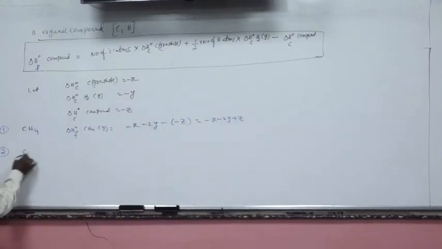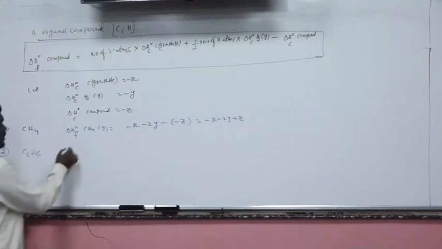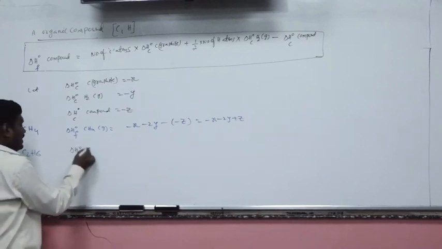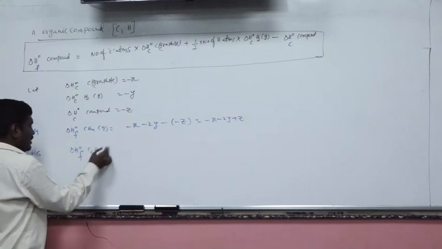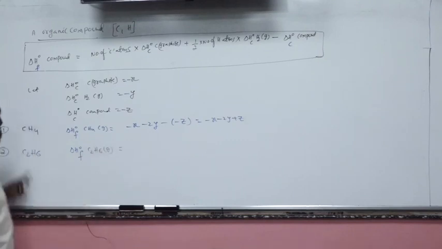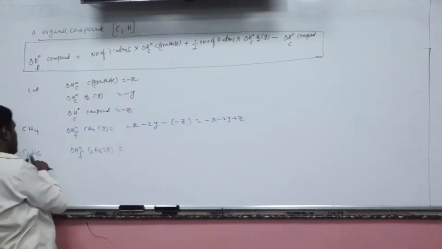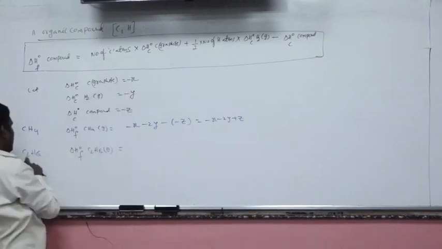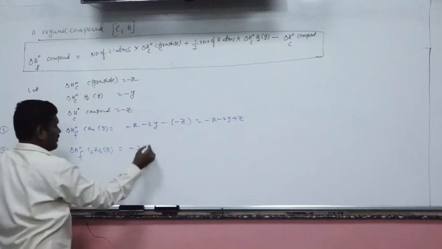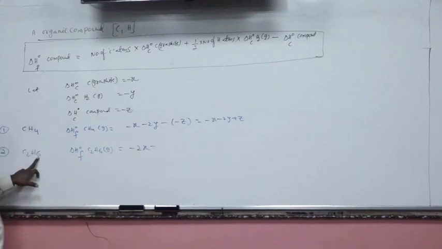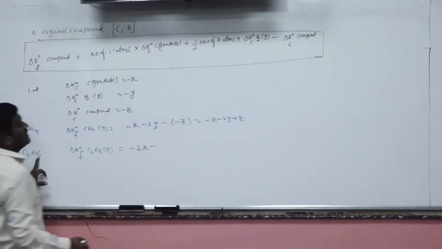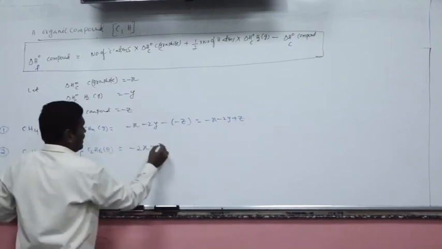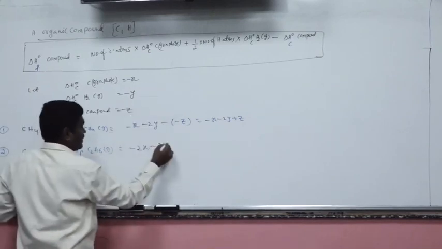Suppose the compound is ethane. What is the formation enthalpy of ethane? Combustion enthalpy of carbon, that is minus x into 2, that is minus 2x. 1 by 2 of the number of hydrogens, 6: 1 by 2 into 6 is 3, 3 into minus y.